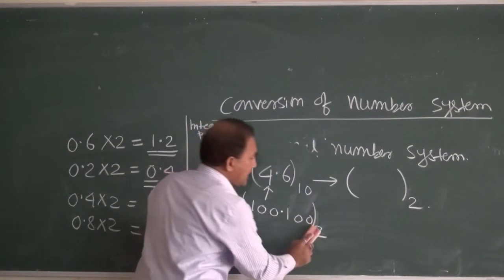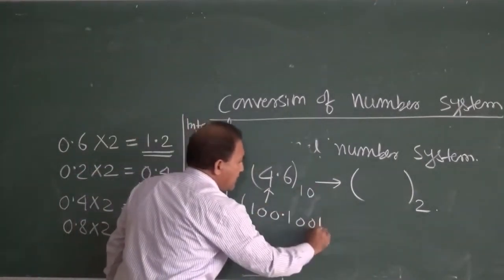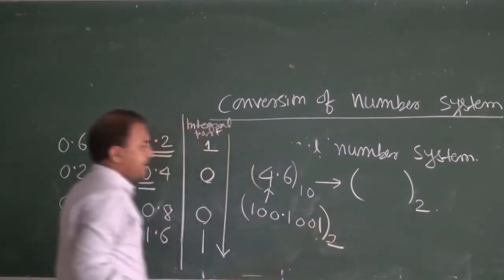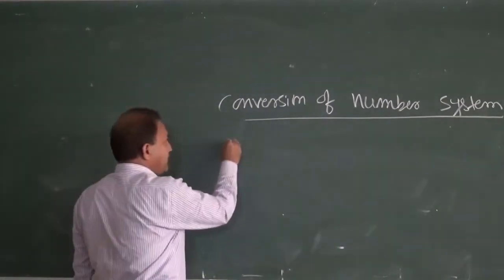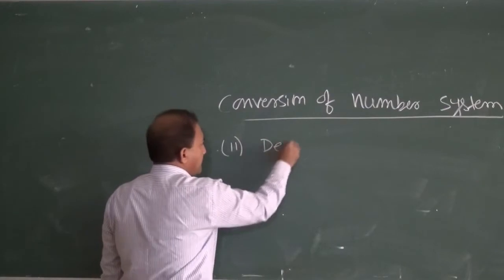But if it is up to 4 decimal places, then it will be 100.1001 to the base 2. Is it clear? Okay.